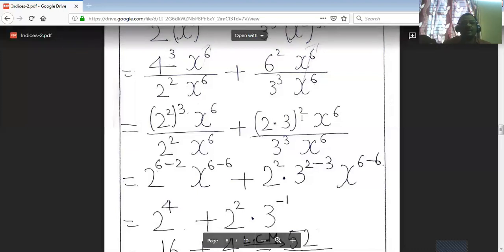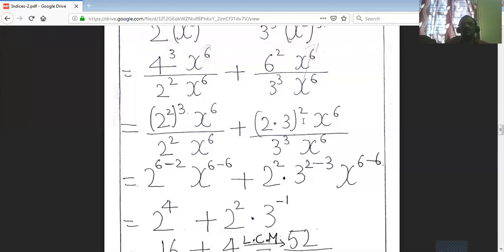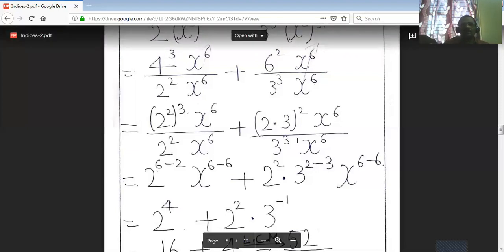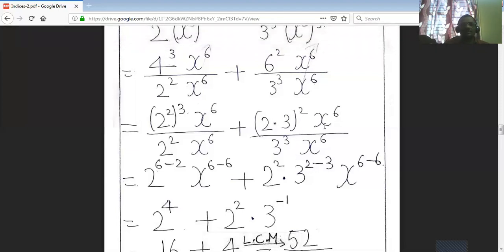Now this is 2 into 3 to the power of 2, this is 2^2 and 3^2 x^6.